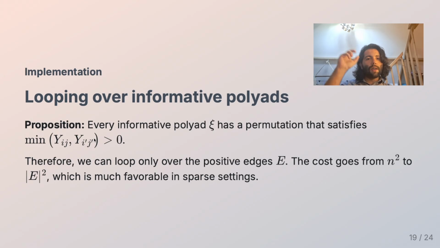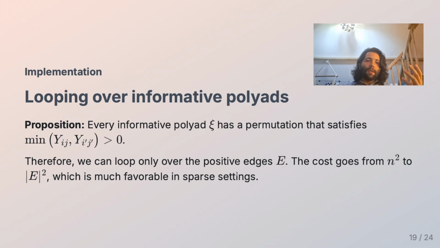Since we can always have these permutations and they flip the signs, we can always ask for this specific minimum here to be bigger than 0. And for this minimum to be bigger than 0, we need to have two edges in our network that are non-negative. So we just need to loop over all pairs of non-negative edges.